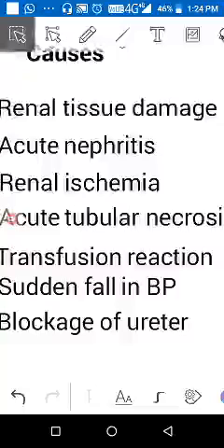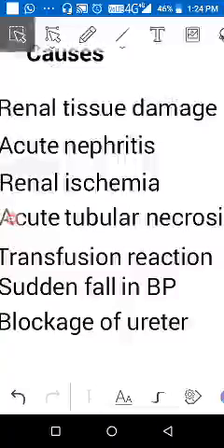Next one is the transfusion reaction. What is transfusion reaction? If blood is supplied from an external source into our body, we have to take care that it is a compatible blood group. If it is an incompatible transfusion, what happens?